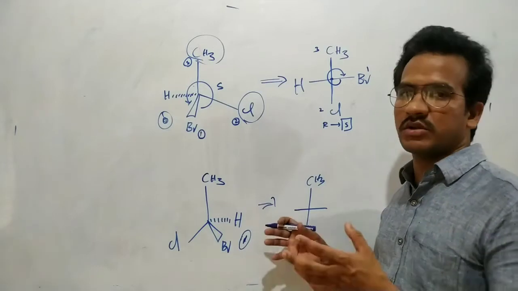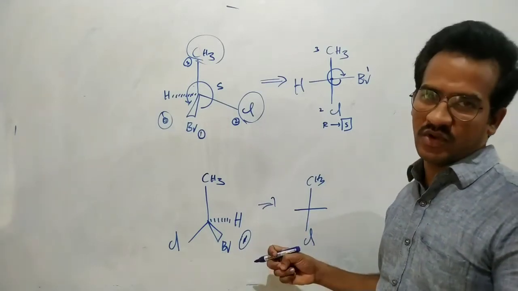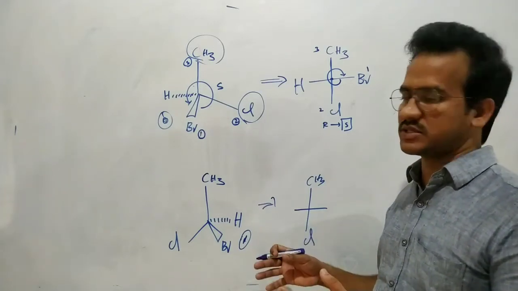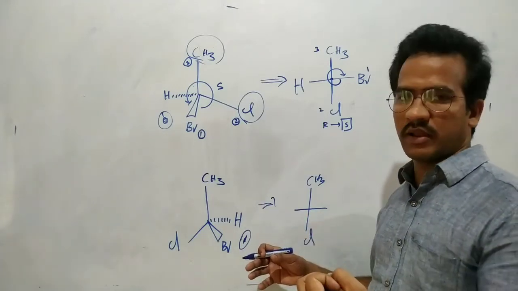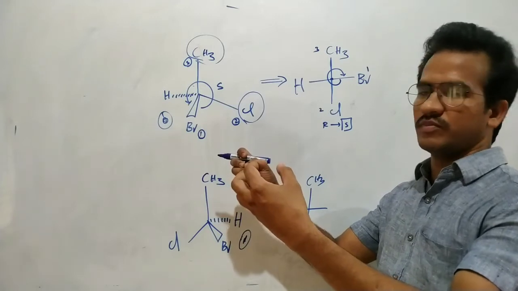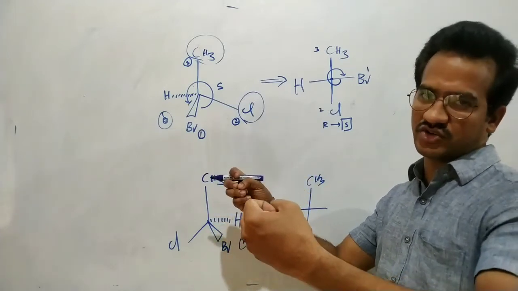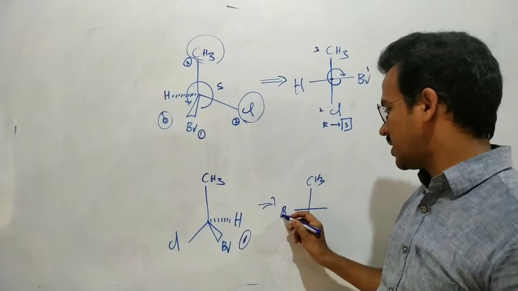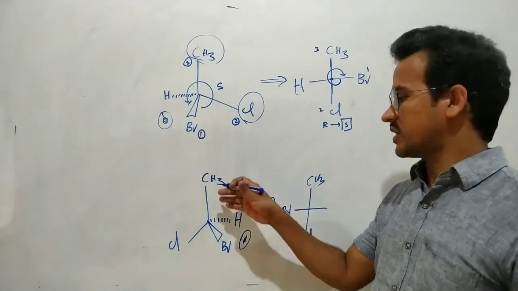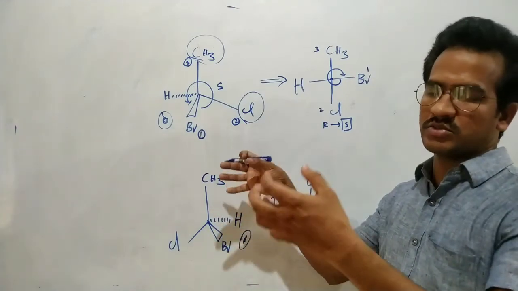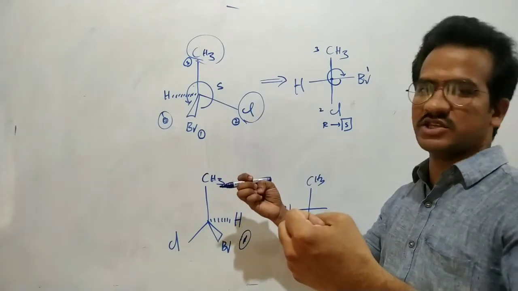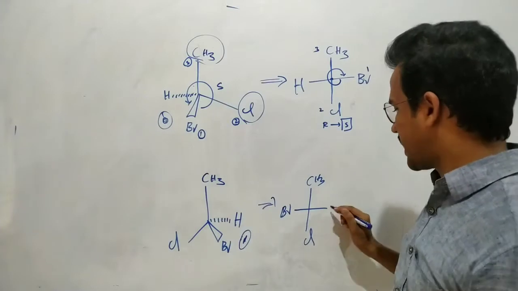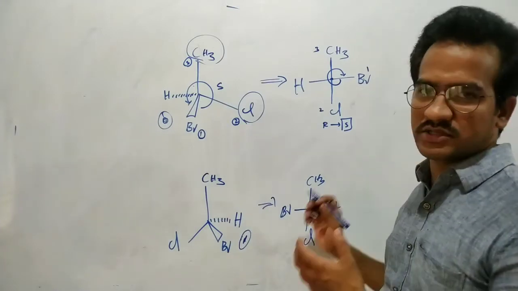When you look at this molecule from the right side, the bromine above the plane is present in the left hand, so that must be written on the left side. And the hydrogen is present in the right hand, so the hydrogen must be written on the right side.